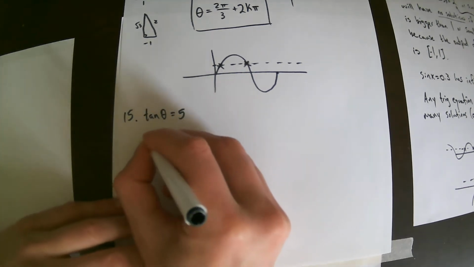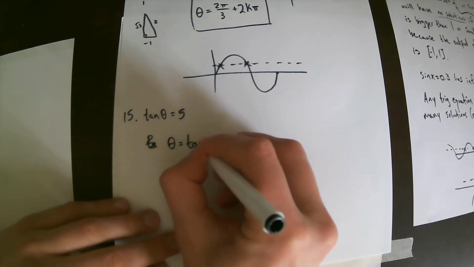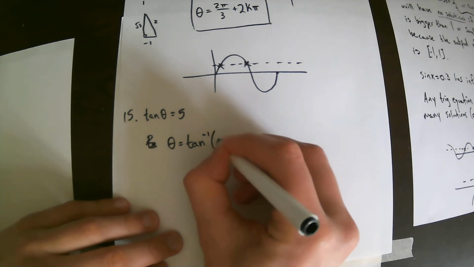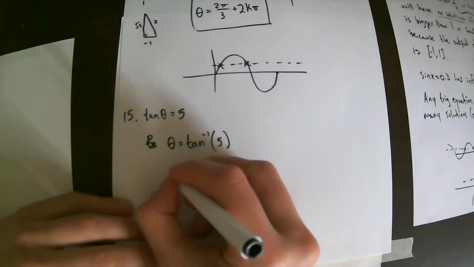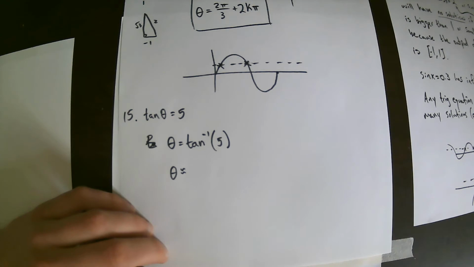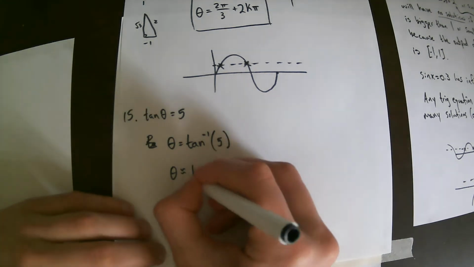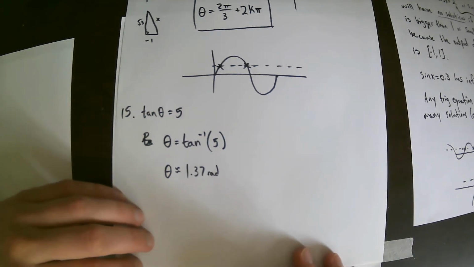So the way to solve this is you use the inverse tangent, and you approximate using your calculator. And let's see, I'm getting 1.37 radians.